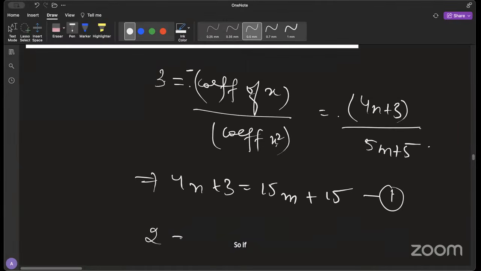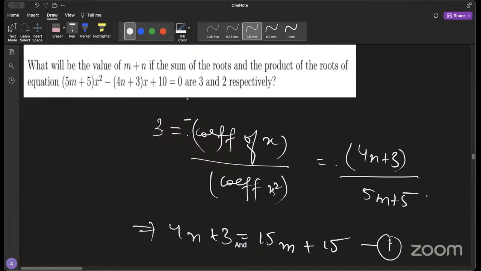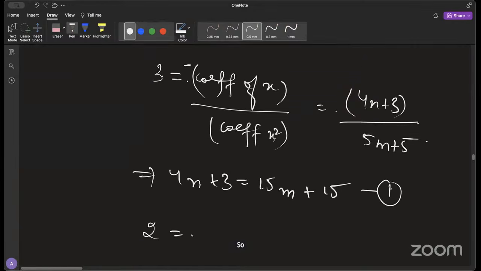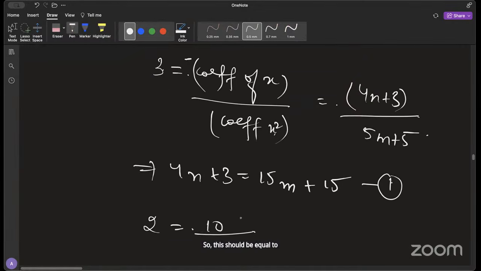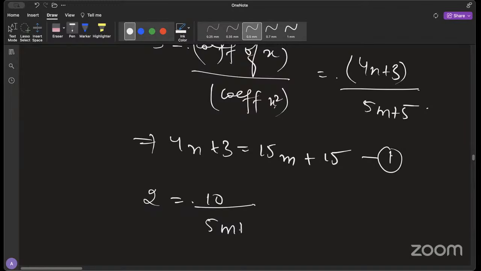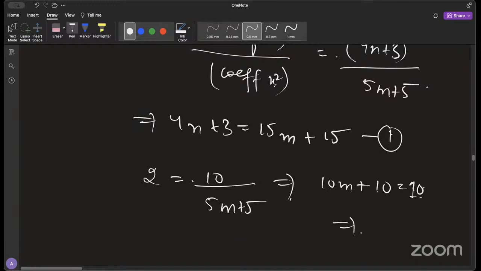Product is equal to c by a, right? So this is c, this entire thing is b, and this is a. So this should be equal to 10 by 5m plus 5, which means that 10m plus 10 should be equal to 10. And this would mean that your m should be 0.